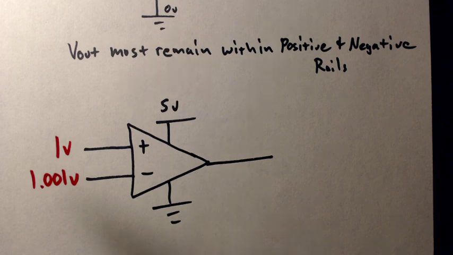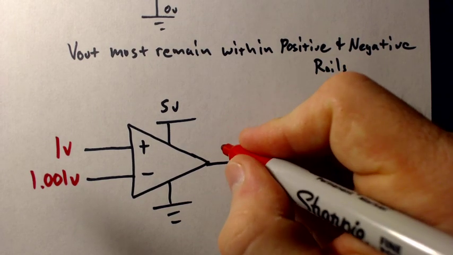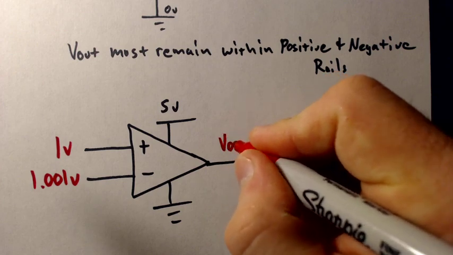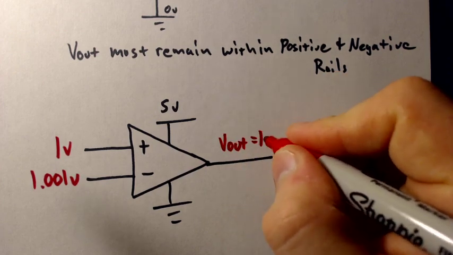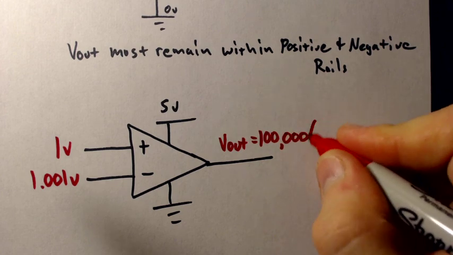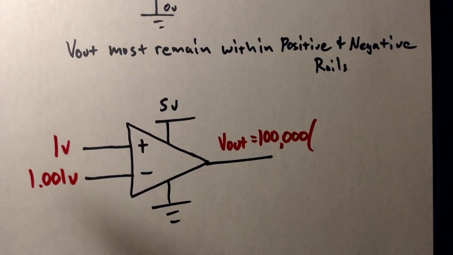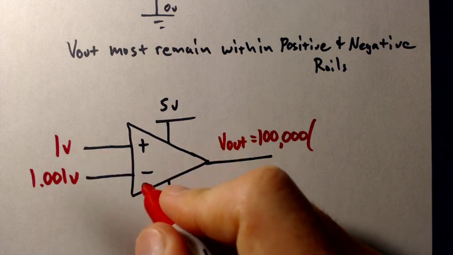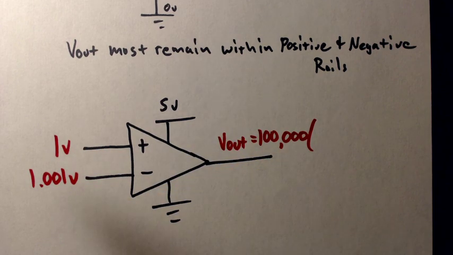Now let's calculate what Vout ends up being equal to. Same thing: Vout is going to be equal to our incredibly large open loop gain times the difference between our two inputs, so plus 1 minus 1.001.